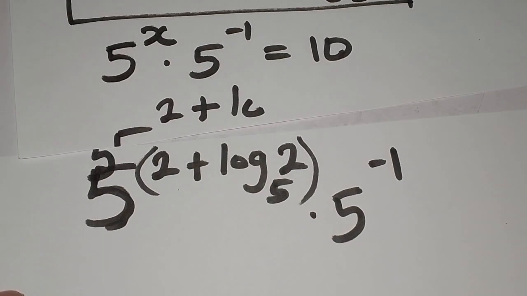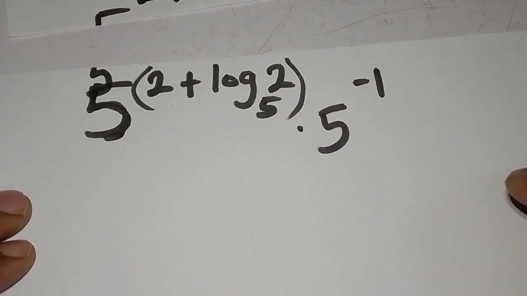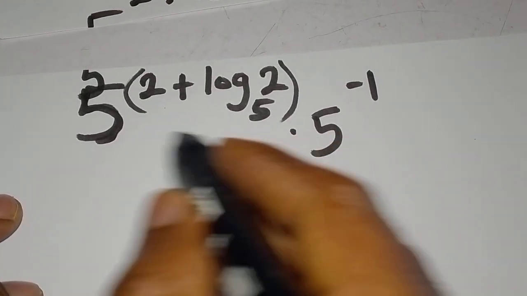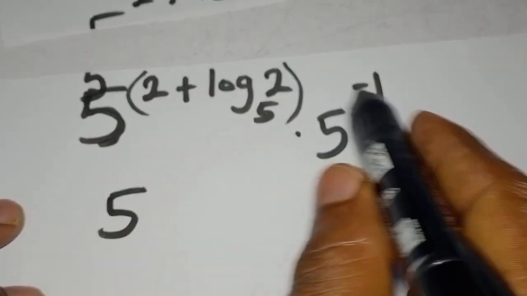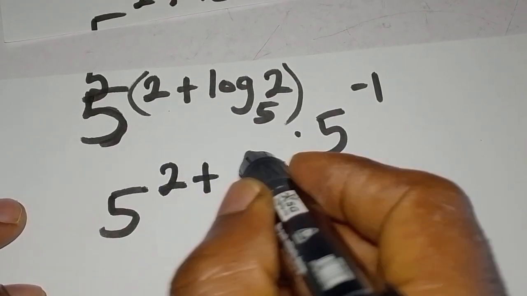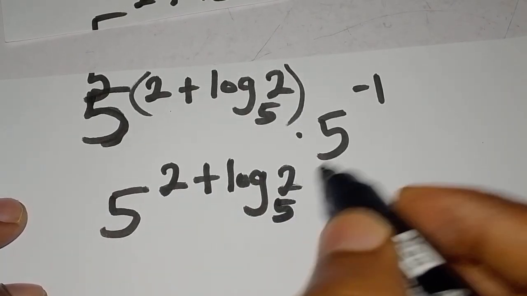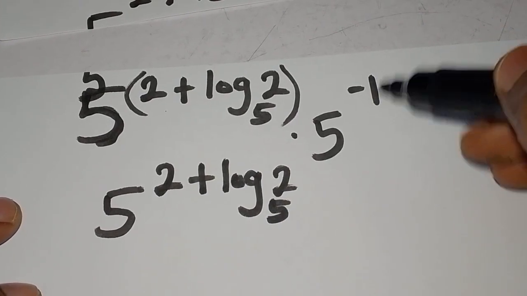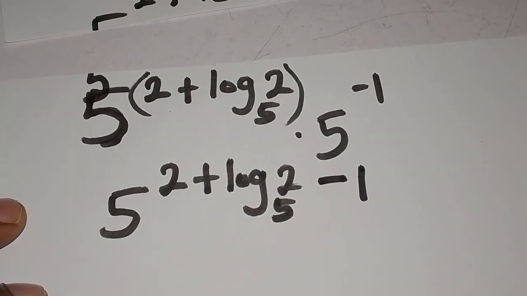Okay, let me show you. We are supposed to have 10 now. Now, let's work on this. We are having the same base, so we now add the powers, meaning that we're going to have 2 plus log 2 to base 5. Now we want to add -1, so the addition will turn to subtraction.